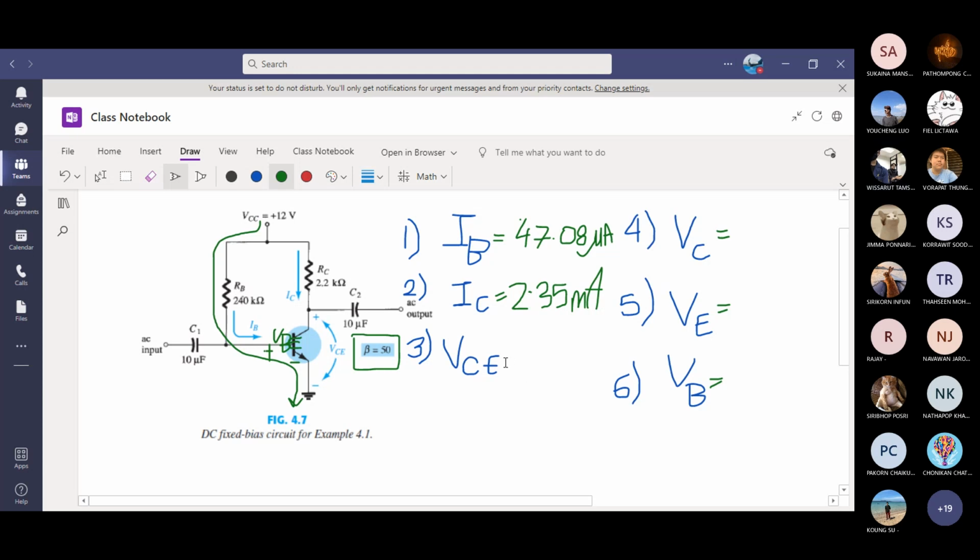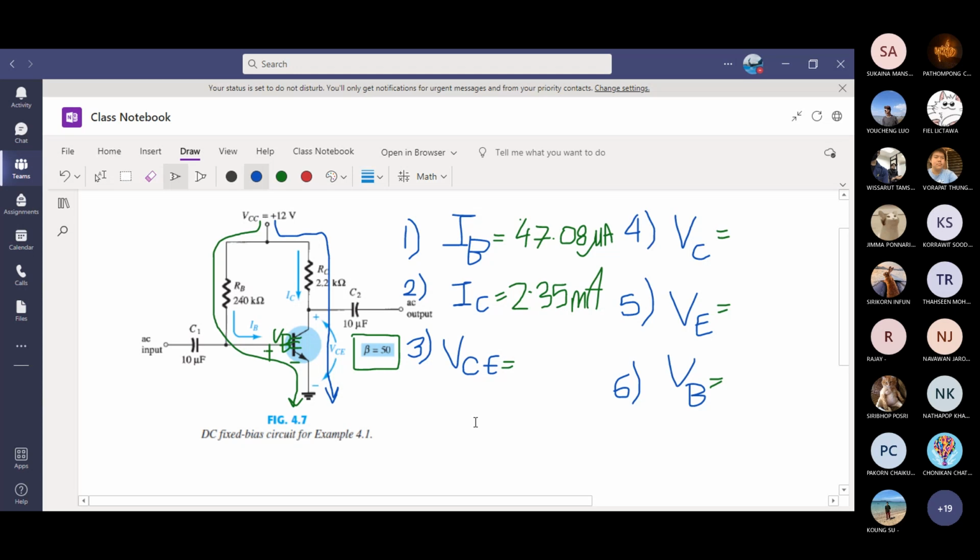Who is doing VCE? Mr. Yu Cheng? Yes, teacher. Have you solved for VCE? Wait a minute, teacher. I'm still doing. While you are doing, let me draw the outer loop. VCC minus IC RC minus VCE equals 0. So you need to know the value of IC.